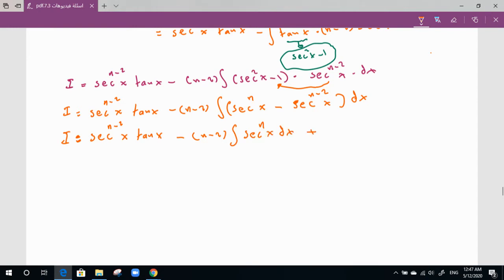Minus minus is a plus, so plus n minus 2 times the integral of secant to the power n minus 2 x dx.